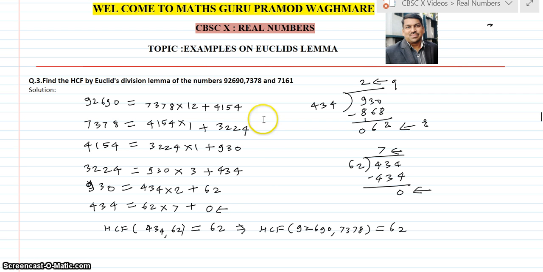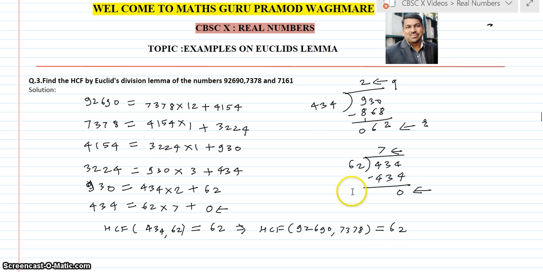Now we find HCF of this last value, 7161, and 62, because already we are getting the HCF of these two. So we now find HCF of 7161, that is the third value, and the HCF of the first two numbers.